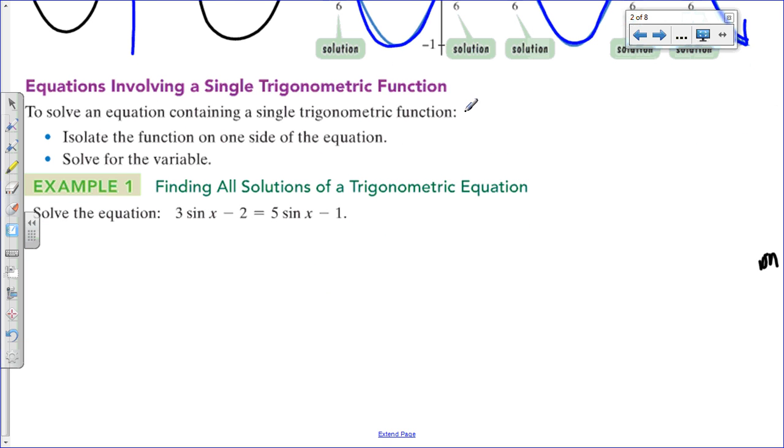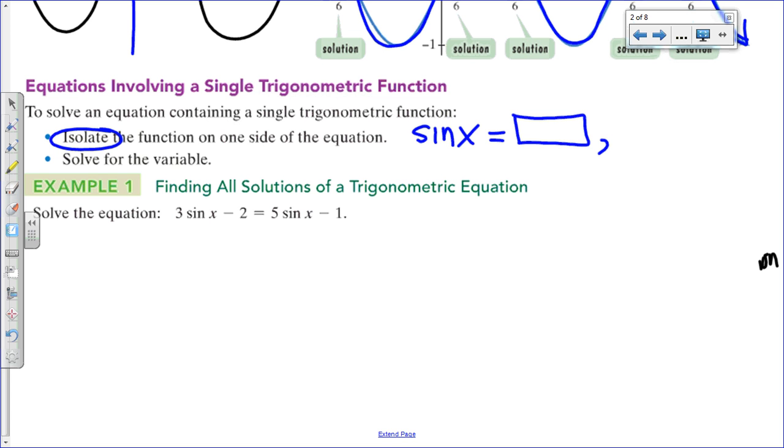So how are we going to solve the equation? First of all, we're going to isolate, which you already know means to leave by itself, the function on one side of the equation. What that means is that we want to have, let's say, sine of x by itself on one side, or cosine of x, or tangent of x, or whatever trigonometric function we have.